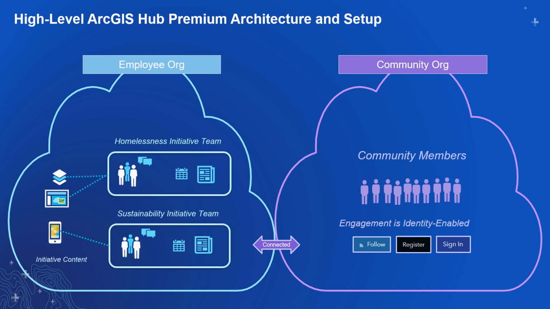So let's talk about teams. So I mentioned where you have a project or an initiative that you're working on. You're used to creating a group or a team in ArcGIS Online, but you can start to make your teams in Hub as well. So you might have a homelessness initiative team or a sustainability initiative team, and you share content to that team. Well, with Hub, what's possible now is that you can invite team members or external people to be part of your initiative team.